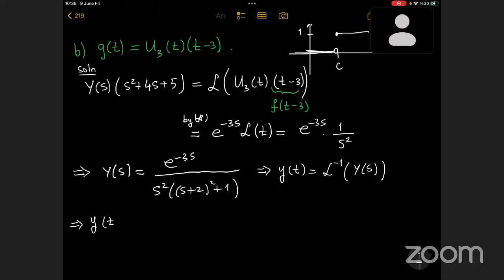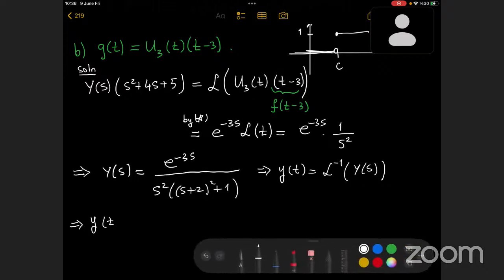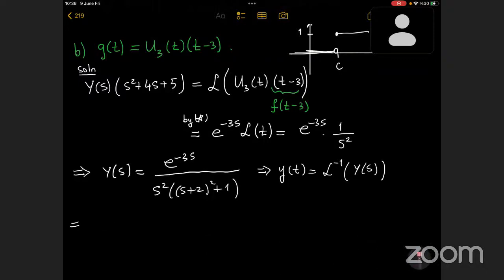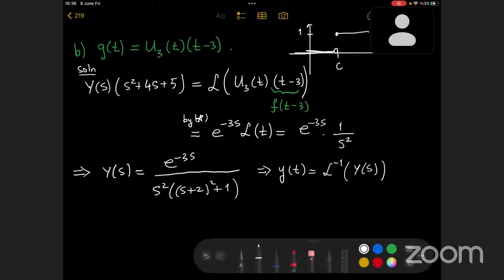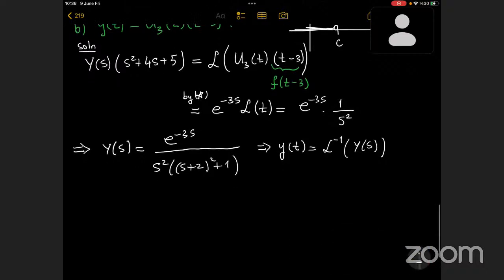Tabii şimdi burada bunun ters Laplace'ını bulmak için bu sağ tarafı ayırmamız gerekecek. We need to do partial fraction decomposition. We have s square and the other one, irreducible part. So we can write 1 over s square times (s plus 2) square plus 1 as a over s.